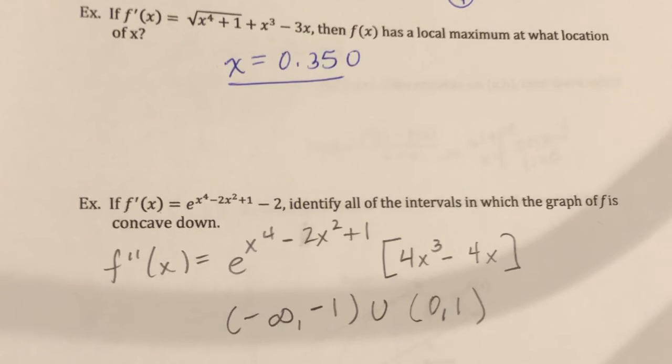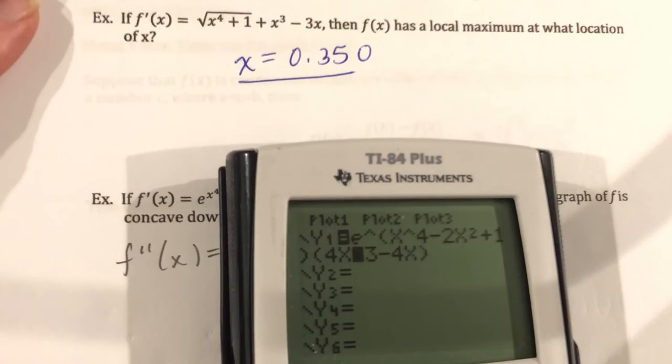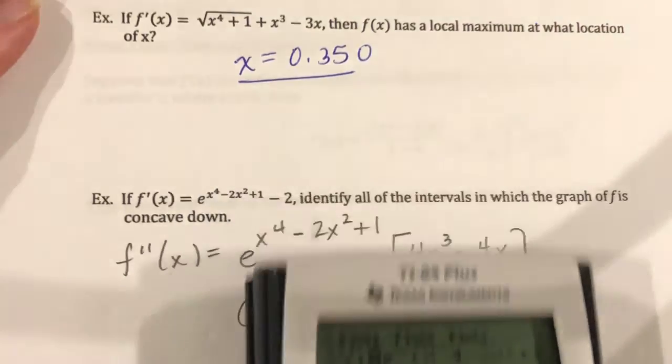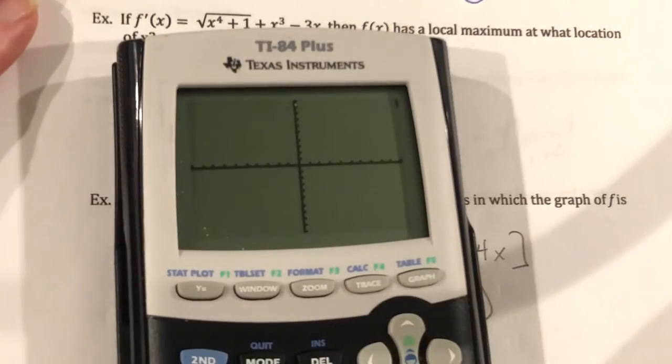Hopefully this helps you go through the calculator a little bit and remember how to do these types of questions when you have a calculator and use your zeros. The alternative method, I'll talk through real quick, is to take the derivative function, don't forget the negative 2, and graph it.